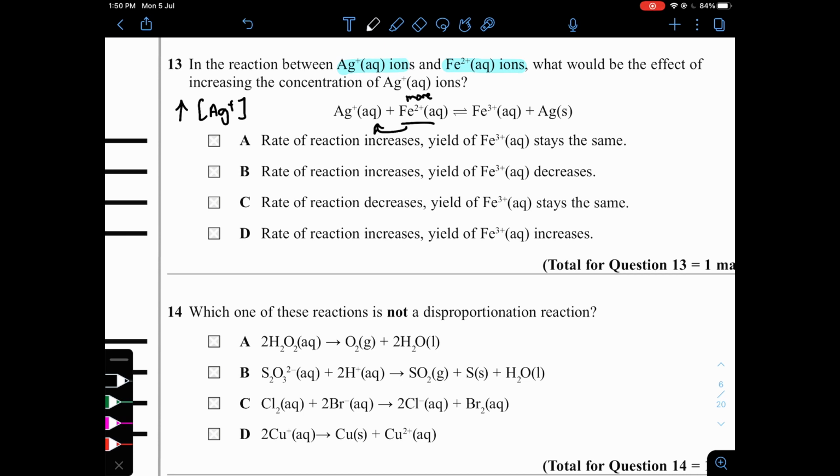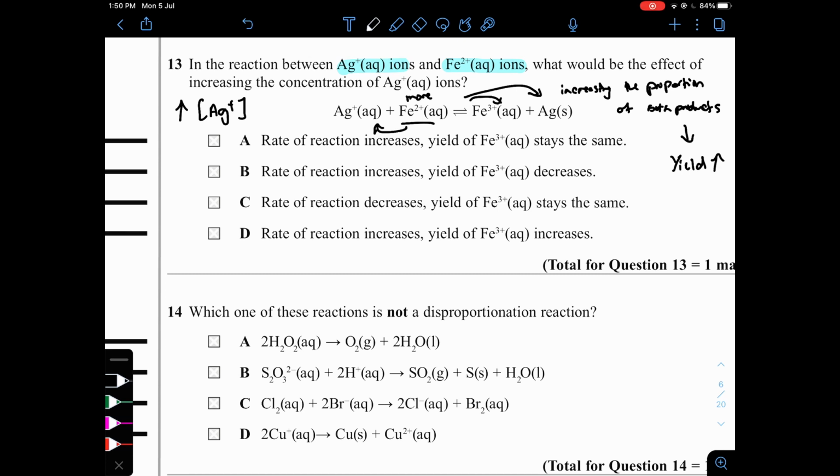So that means we're increasing the proportion of both products. And because we're doing that, that also means that we're increasing its yield.